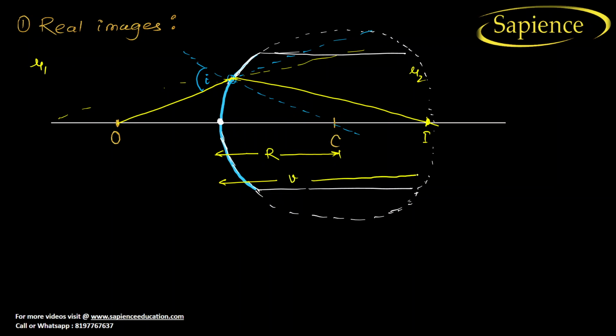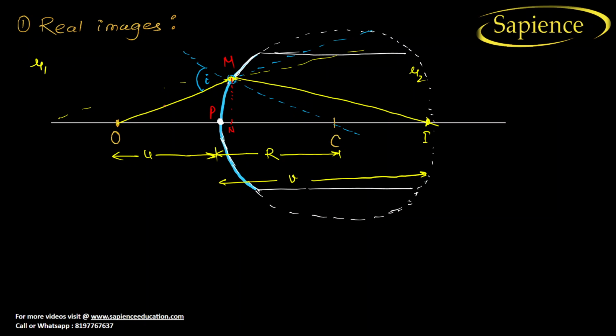This is the image distance, and this is the object distance, O. This point can be considered as M. Now take a perpendicular line to this. Earlier it was the pole, so this is considered as N, and this is the center of curvature, C.